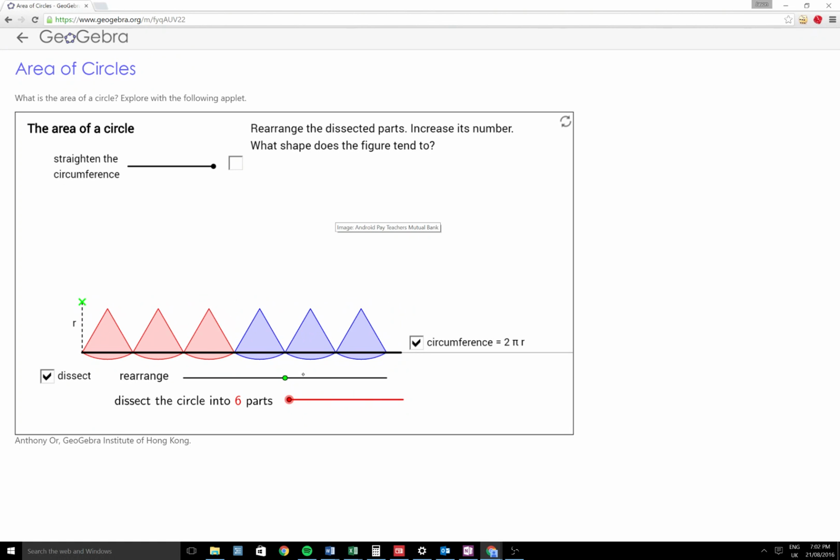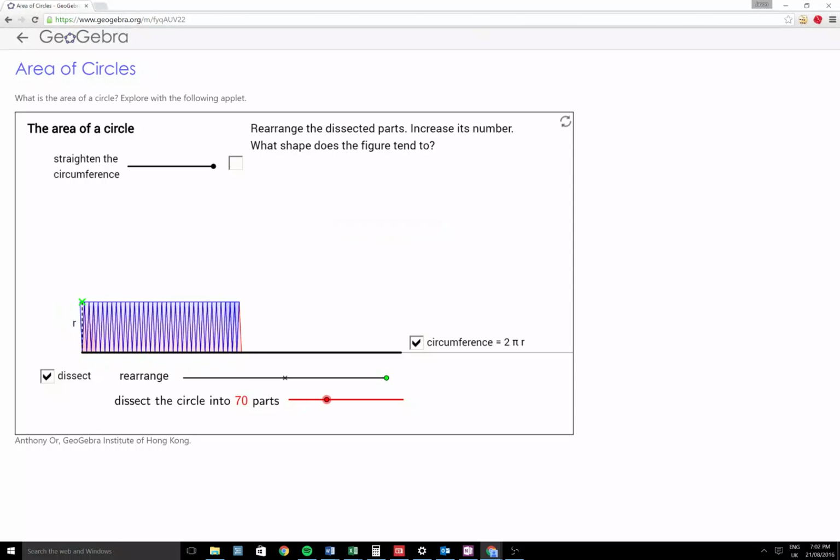Now if I bend this over, it would make a little bit of a rectangle, the height of which is the radius, and the length is the radius times pi. If I make smaller and smaller parts, it gets closer to that rectangle.